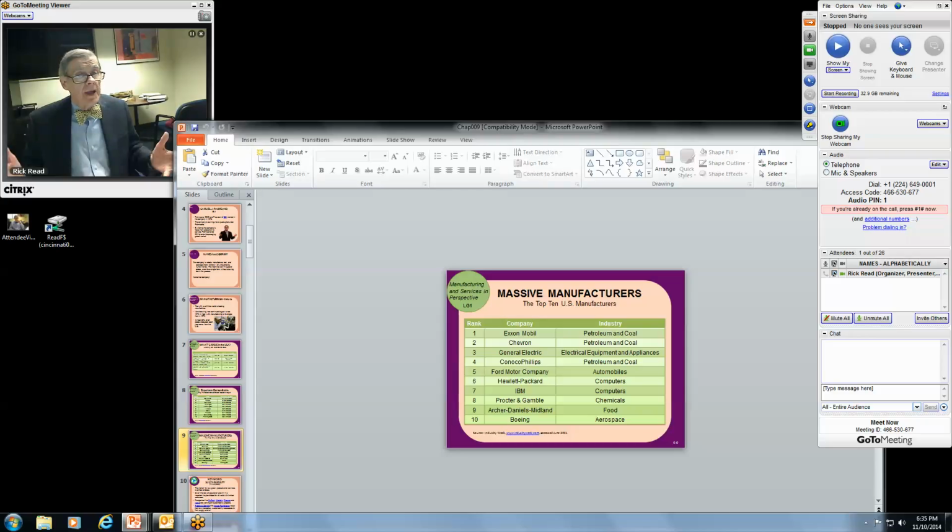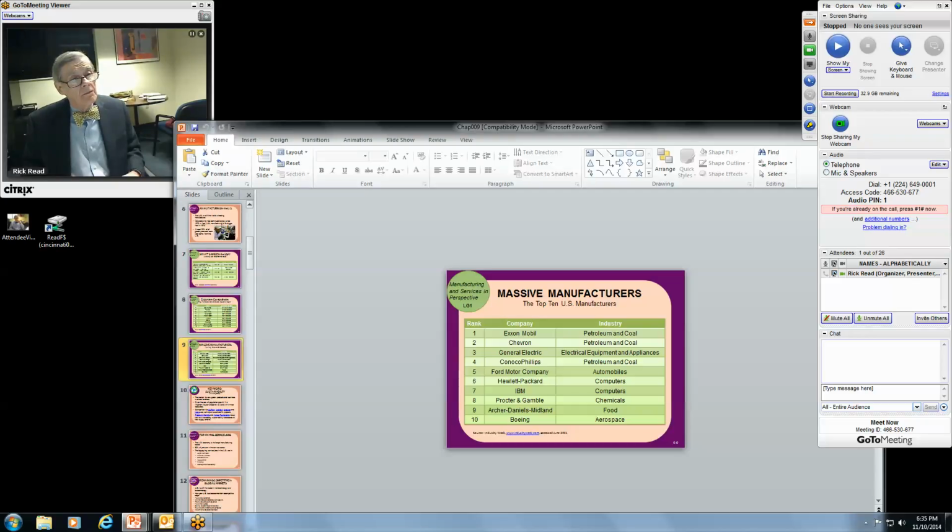And then these are massive manufacturers that are companies in the United States: ExxonMobil, Ford, Hewlett Packard, IBM, Procter & Gamble. We don't always think of those companies, especially Procter & Gamble, perhaps Hewlett Packard, as being manufacturers. Archer Daniels Midland is another one.